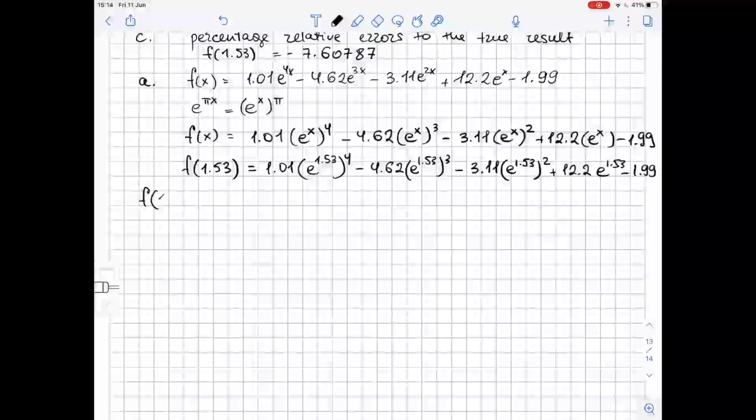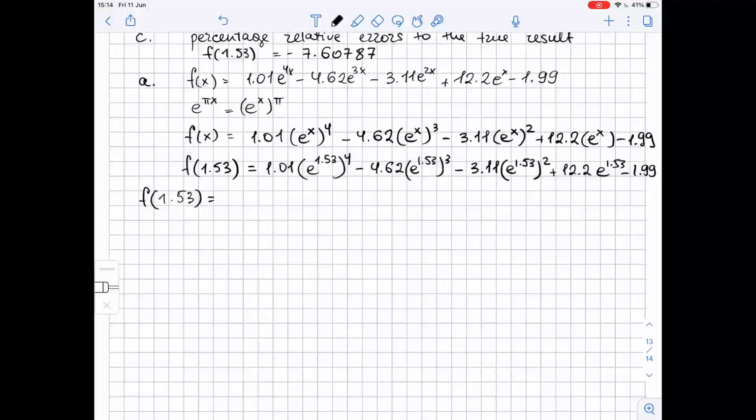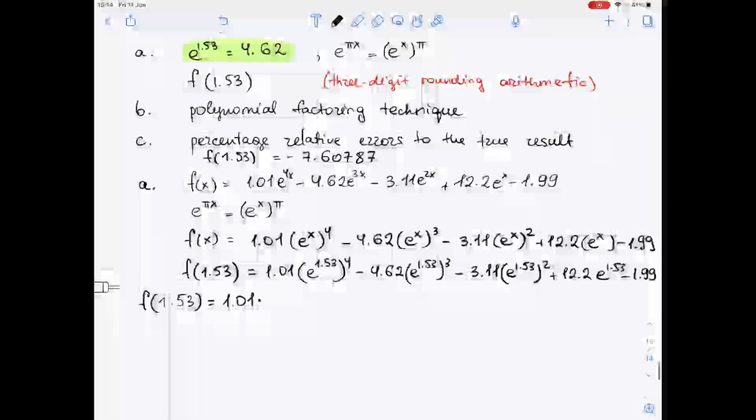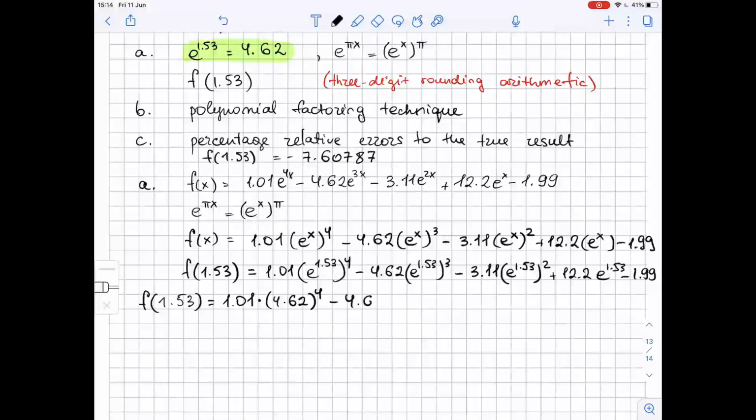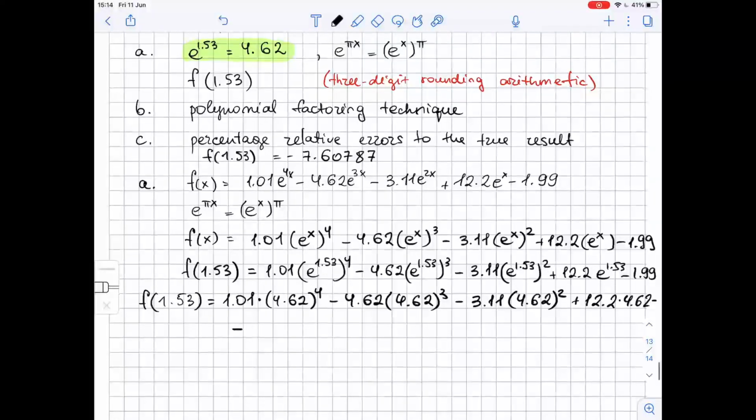So we get that f of 1.53 equals 1.01 times 4.62 to the fourth power minus 4.62 times 4.62 to the third power minus 3.11 times 4.62 squared plus 12.2 times 4.62 minus 1.99.